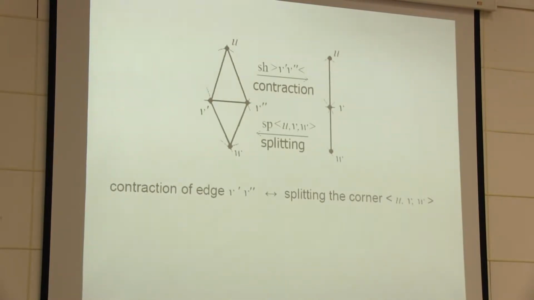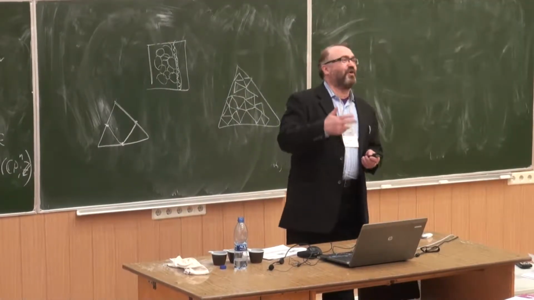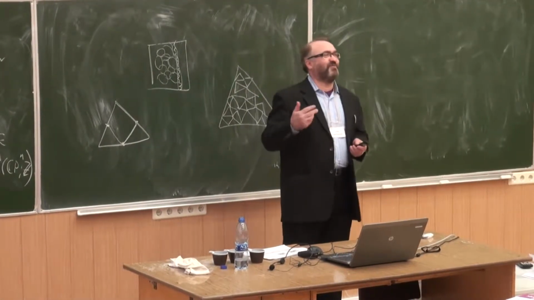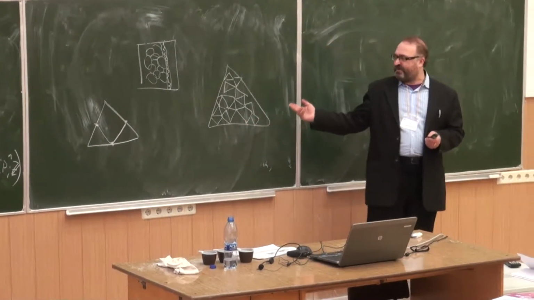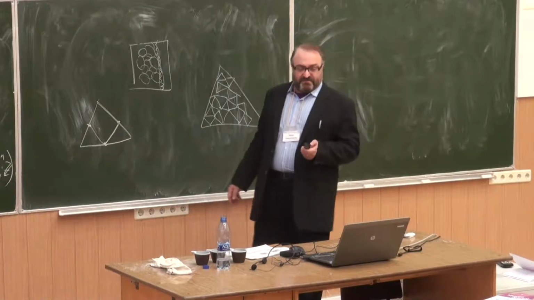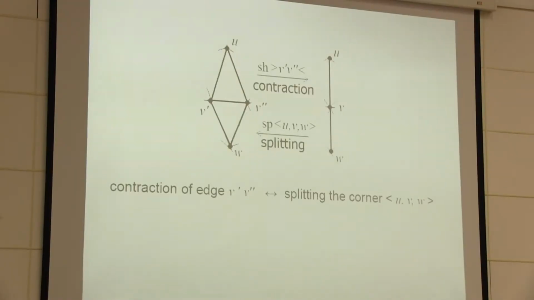Okay, look at this operation of contraction of an edge in a triangulation. The preceding talk by Roman Karasov was about triangulations, and you can still see his pictures on the board. You see an edge V prime V double prime, and the two faces attached to that edge, the two faces incident with that edge.